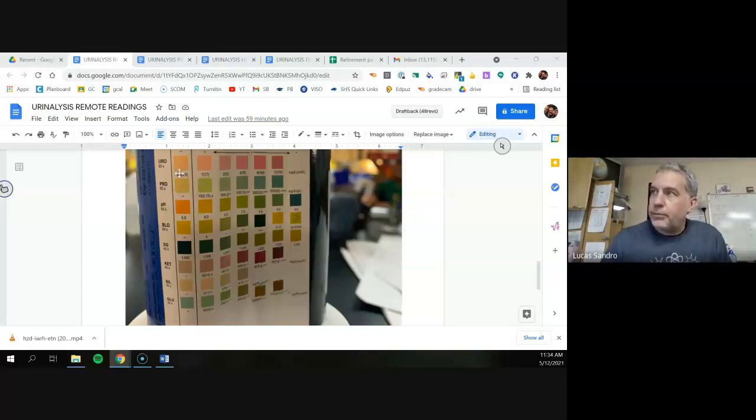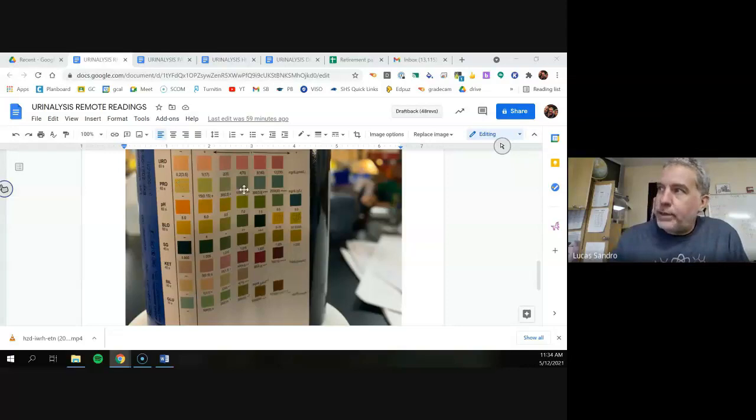The readings you'll need are proteins, which are right here, pH, ketones, and glucose. Now, when you look at these, basically this means if there's no glucose in there, that's what color it'll be. If there's no ketones in there, that's what color it'll be. And if there's no proteins in there, that's what color it'll be. It's normal for urine to have none of these things.